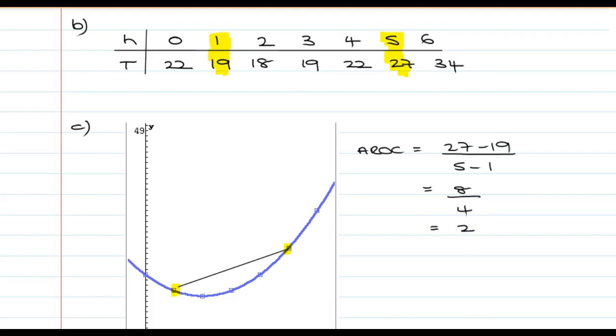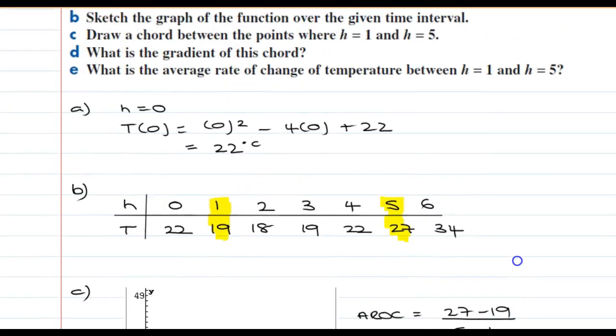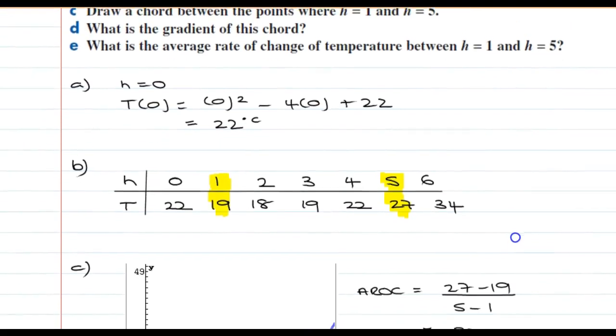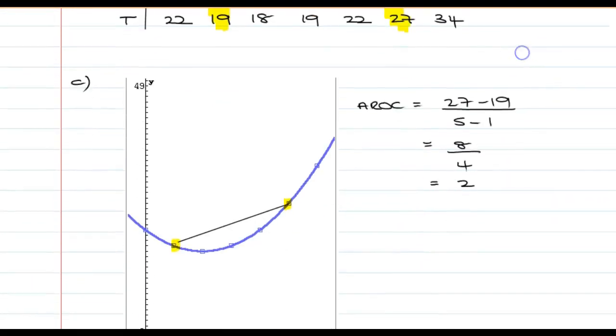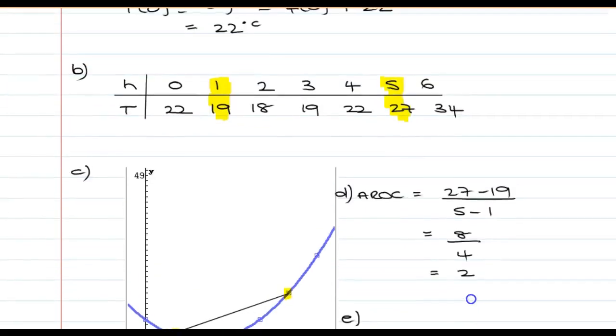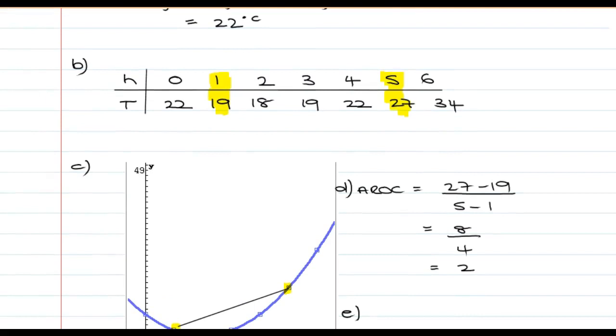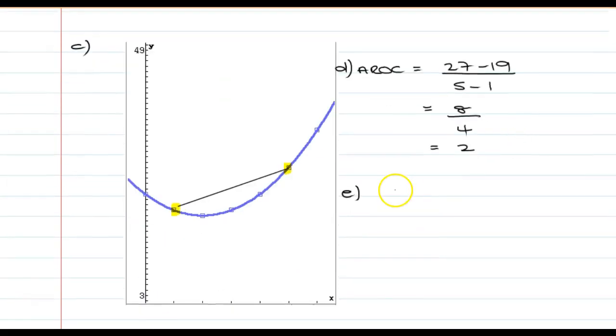Now, if we're going to interpret that, which I think is what part D is asking us, what's the average rate of change of the temperature, then we want to use units. Now, we were dealing with hours and we were dealing with temperature. So what we can say is that's 2 degrees per hour. I'll write that. So the rate of change is 2 degrees per hour.